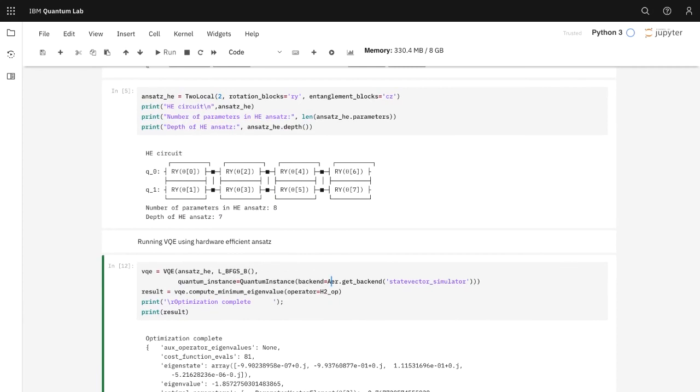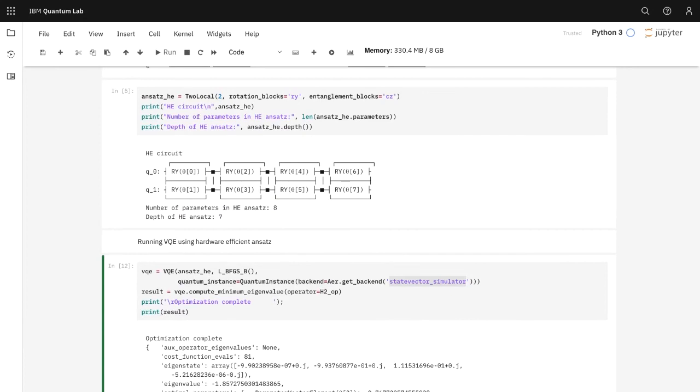Either it's a state vector simulator that works with matrices and gives you the exact solution, so it doesn't involve the process of probabilistic measurement as real quantum devices do. This can also be an error simulator, which will give you these probabilistic measurements, which I'm going to talk about in the next notebook.